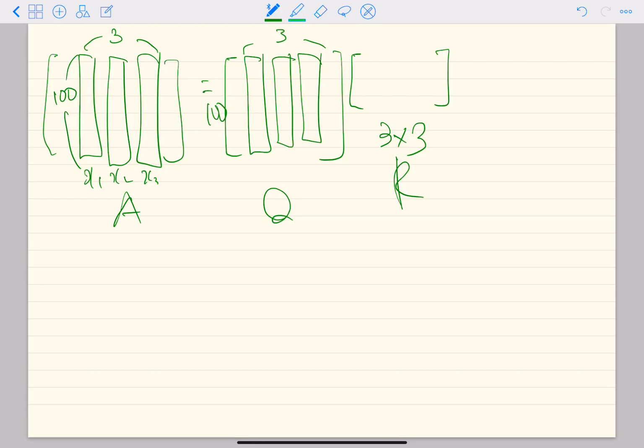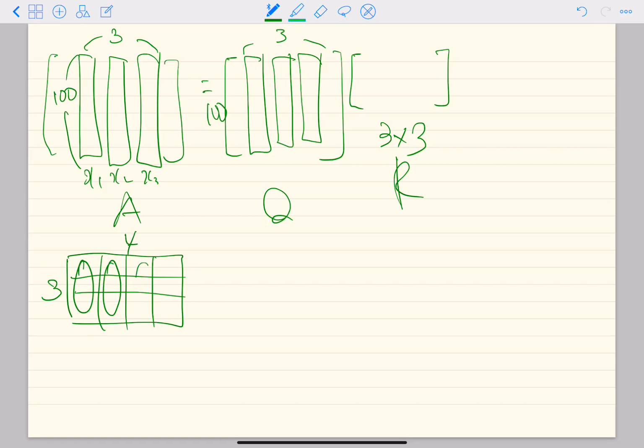Okay, and then here let's consider this case where we have a short and fat matrix. So in this case we have these 4 column vectors, but is it possible that they are linearly independent? It is not possible, right?